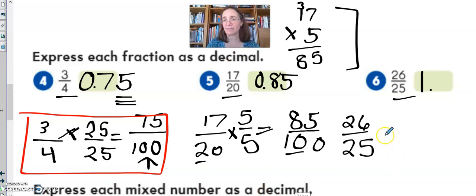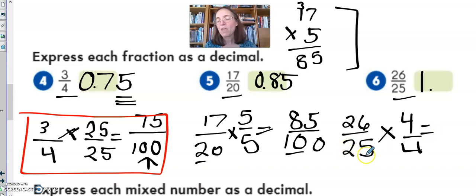So I'm going to multiply 26 25ths by 4/4 to get the denominator to be compatible with my place value system. So 25 times 4 is 100. Did that on the first problem over there on this row. 26 times 4. I could write it out like this, but it's only one group of 4 more than 100. So I think that equals 104.